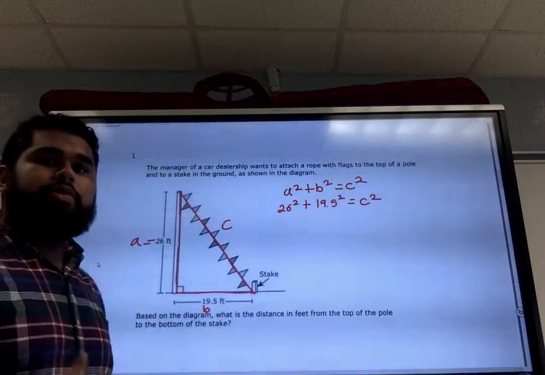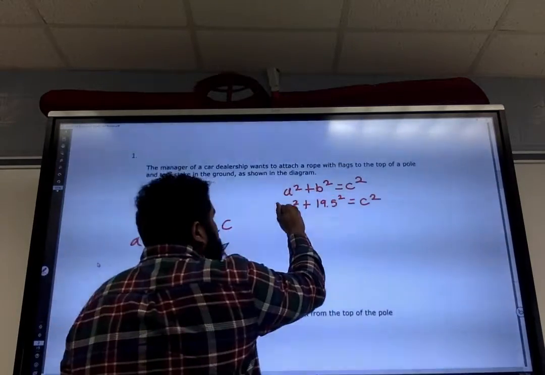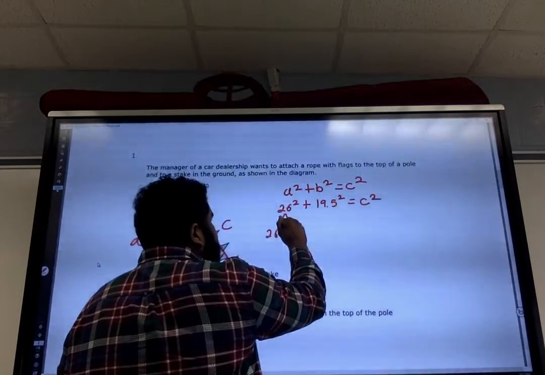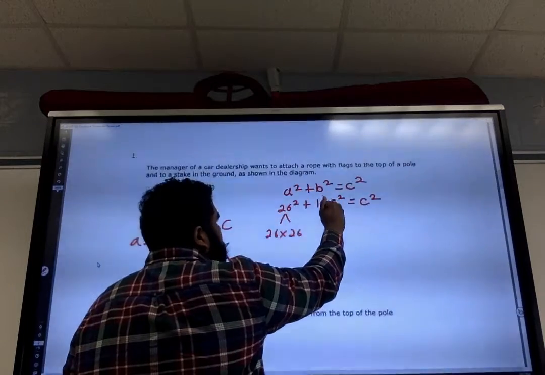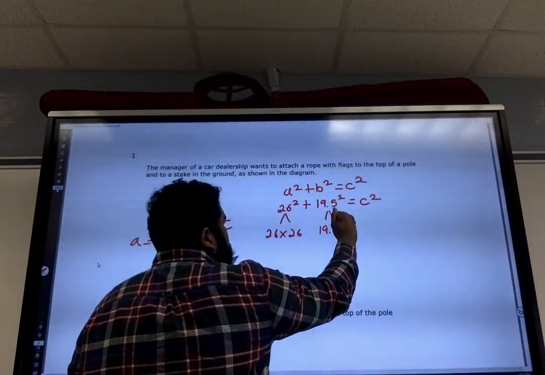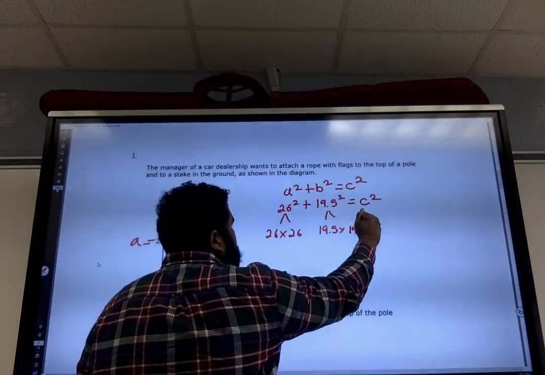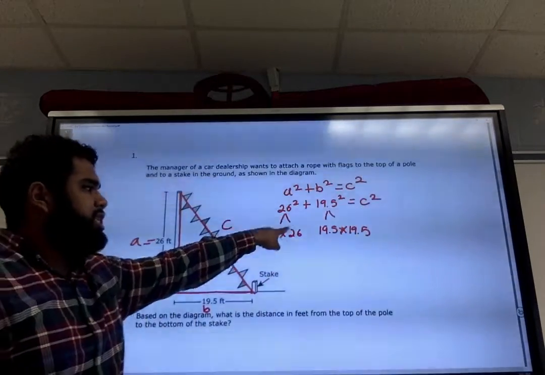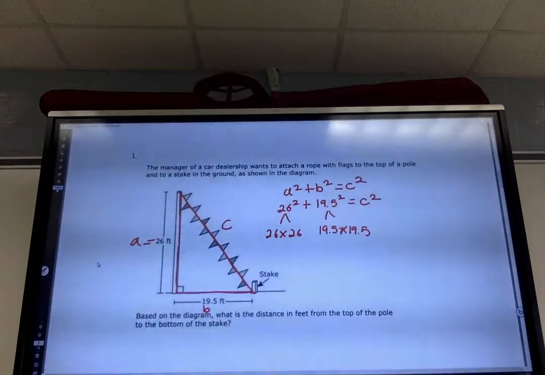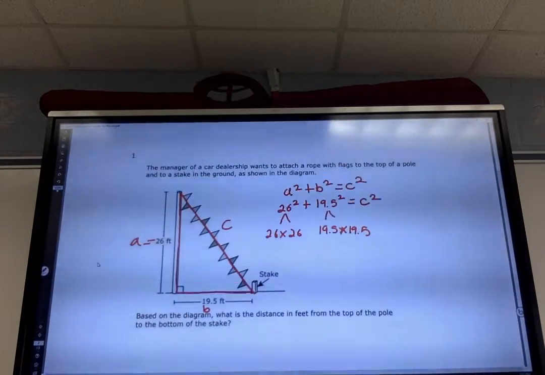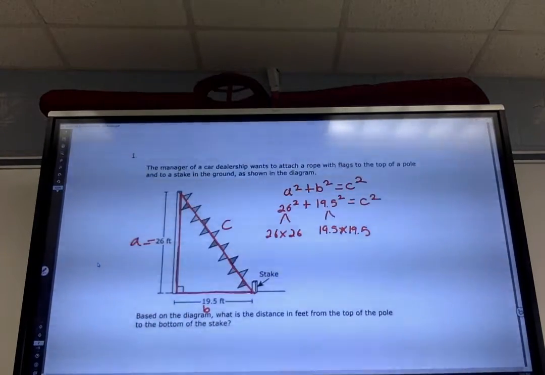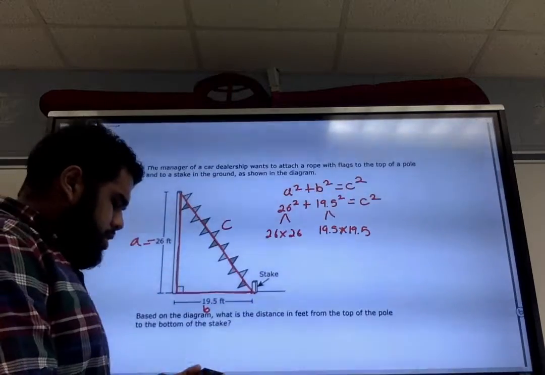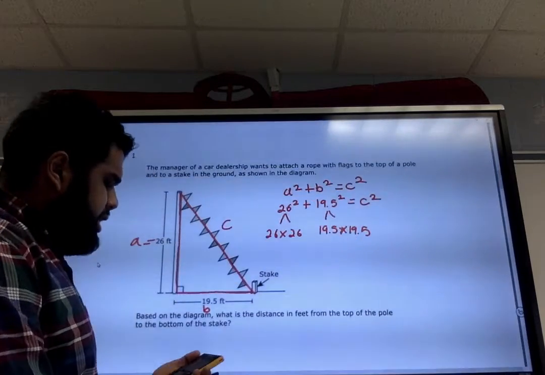So remember, whenever you square a number, you are multiplying it by itself. Okay, which is what I'm explaining right here. 26 times 26 times 19.5 times 19.5. Let's see what we get. So I'm going to go ahead and multiply 26 times 26.